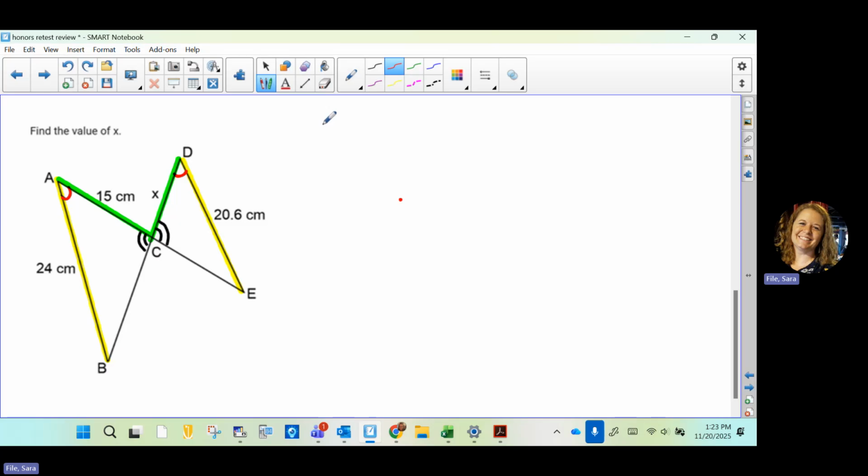Again, I could go green to green, yellow to yellow, as long as I go in the same order. I went left to right, or I could stay within my left triangle and go green to yellow, and then green to yellow in the second triangle. That would work as well. It doesn't matter which way you set this up.